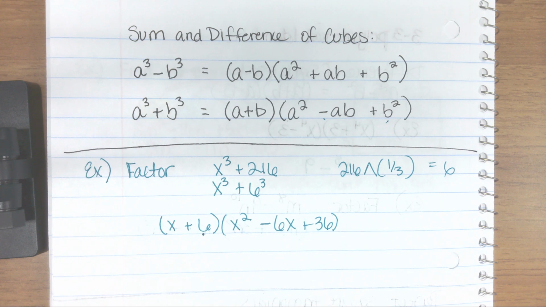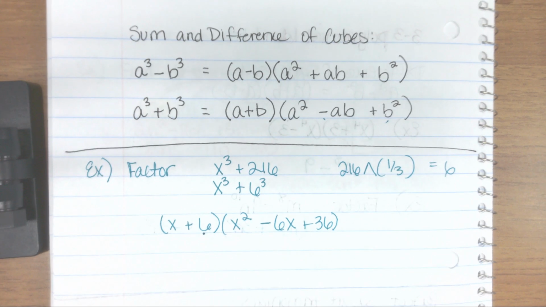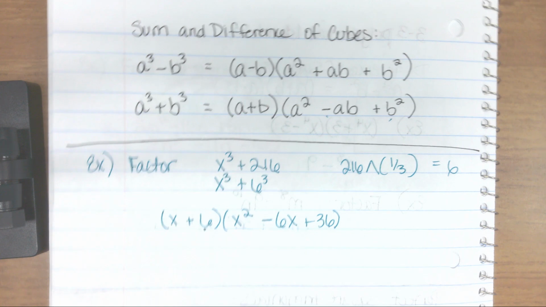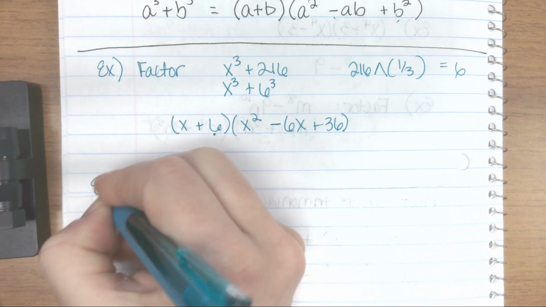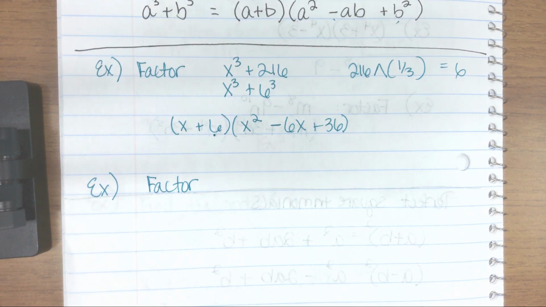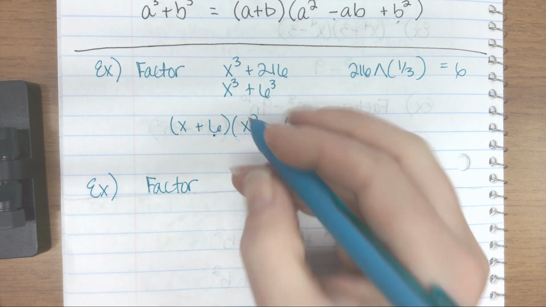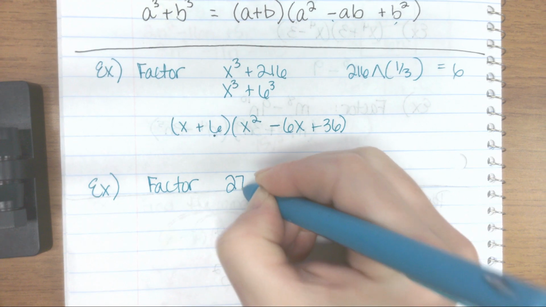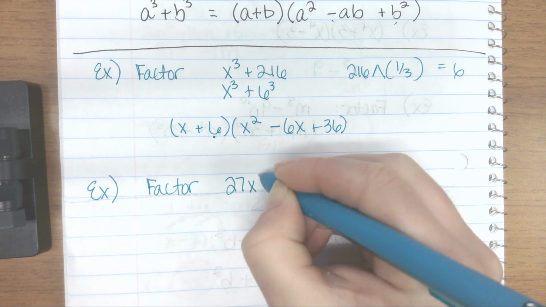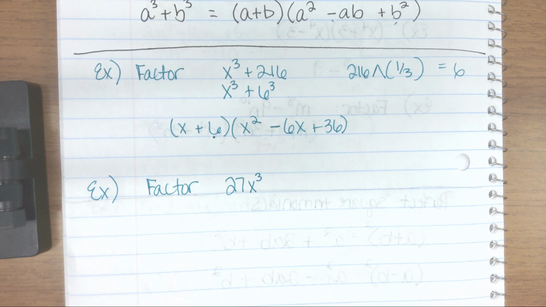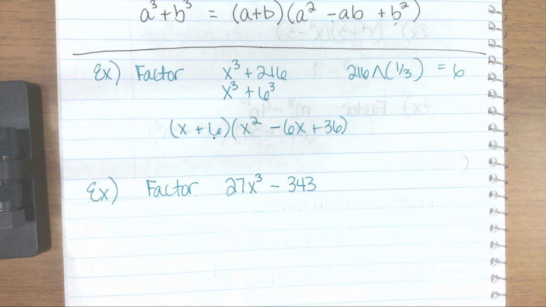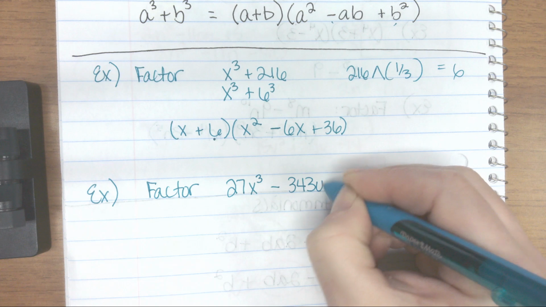Okay. Let's try a really more complex one. This is a challenge one. We're going to try 27x to the third minus 343y to the sixth.